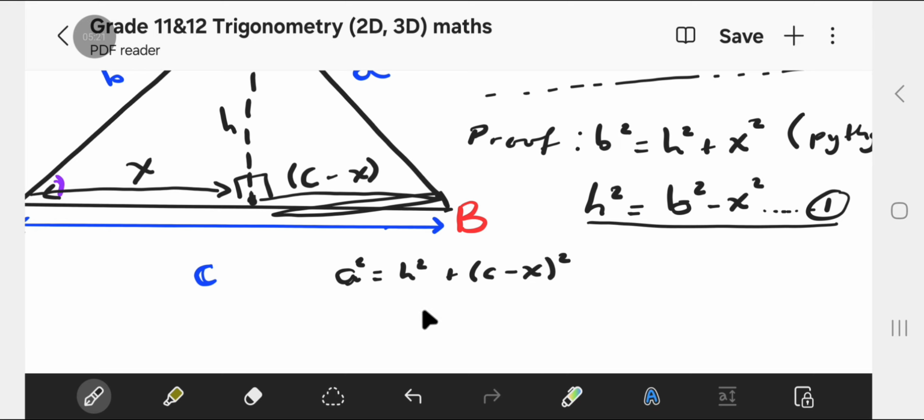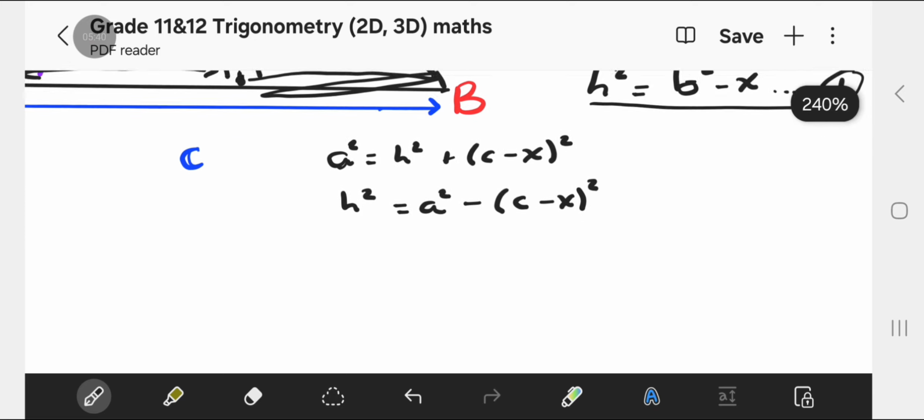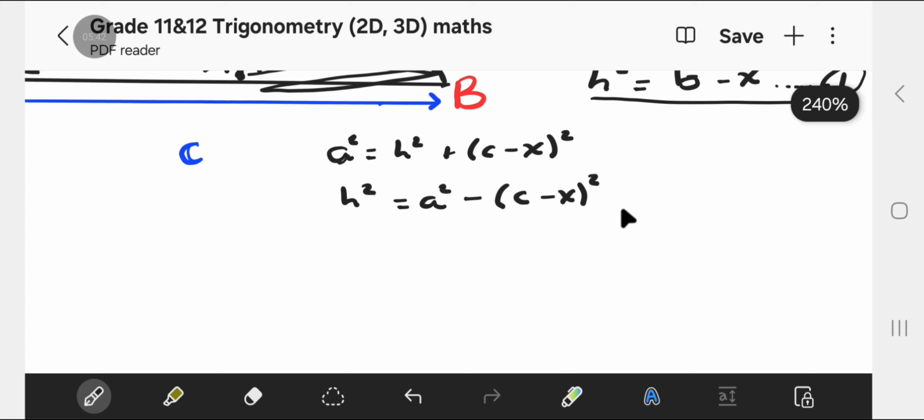And again, we can make our H squared the subject of the formula. So our H squared becomes our A squared minus our C minus X squared, like that. So this is also from the theorem of Pythagoras.